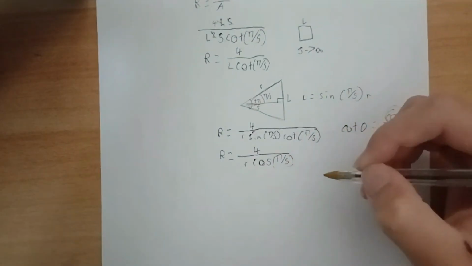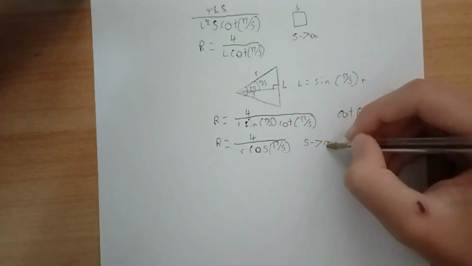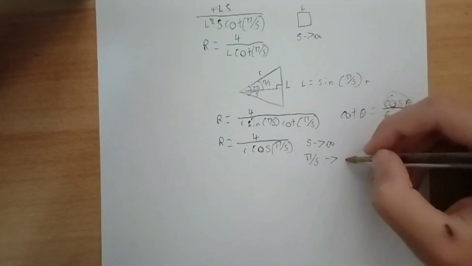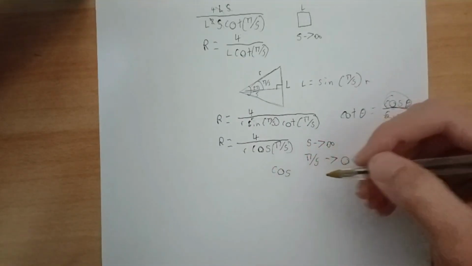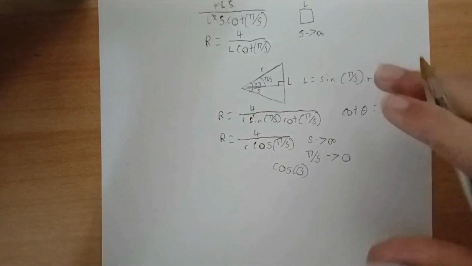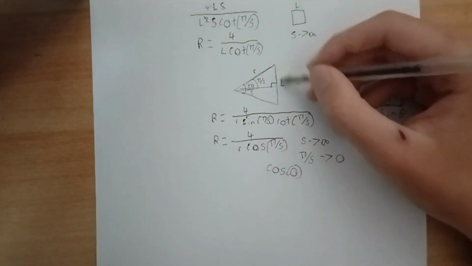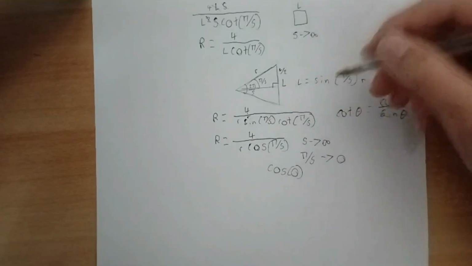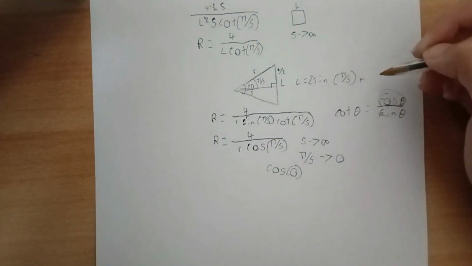And now we can evaluate this as s approaches infinity. So as s approaches infinity, pi over s approaches 0. And cosine of 0... Oh, sorry, I made a mistake. So this is actually L over 2 in our little triangle. So L is actually 2 sine pi over s times OR.